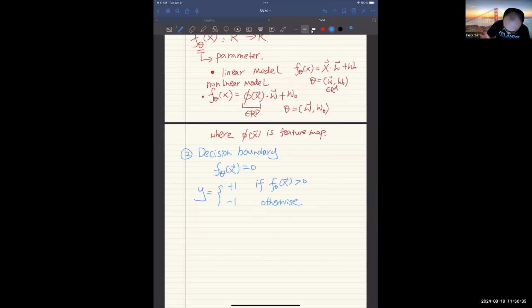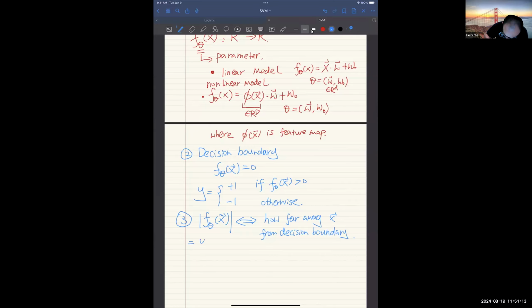And also we can define the magnitude of f theta of x. This is equivalent to saying how far away my x is from the decision boundary.